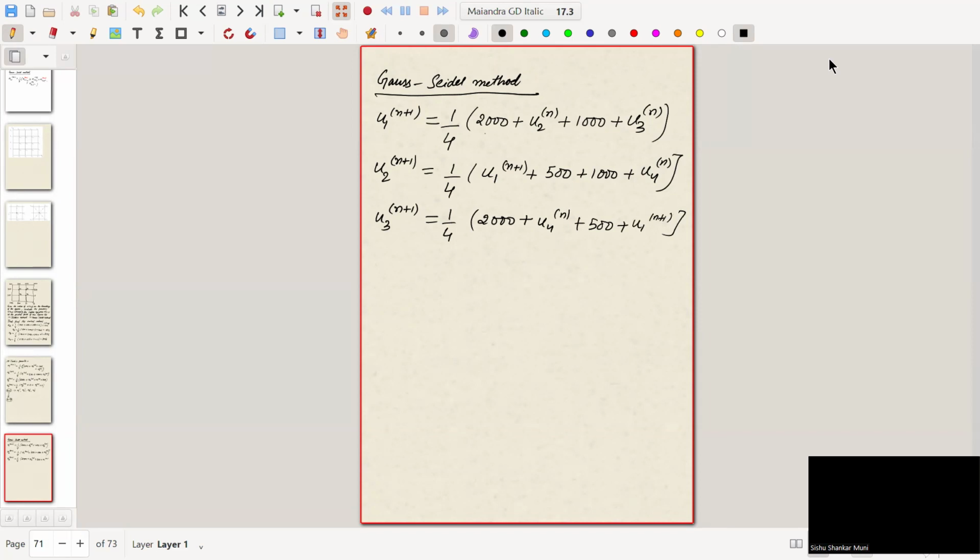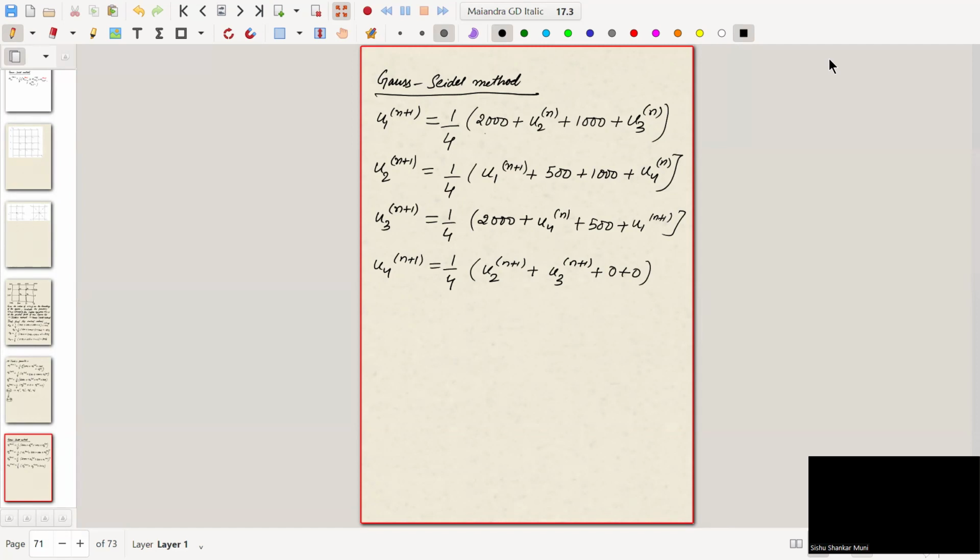Yes. Wait. U2 n plus 1, then U2 n plus 1. U plus 1, okay, then yes, correct. So this is your general equation for the Gauss-Seidel.